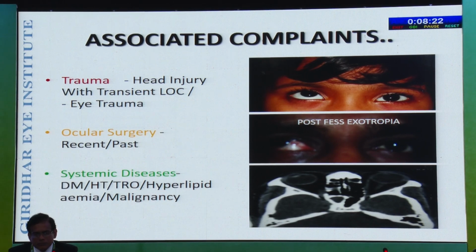You can see from this picture, this is a post-FESS exotropia that was because of inadvertent dehiscence of the medial rectus, as you can see from here. And also systemic disease: ask for any diabetes mellitus, hypertension, thyroid-related ophthalmopathy, malignancies, etc.